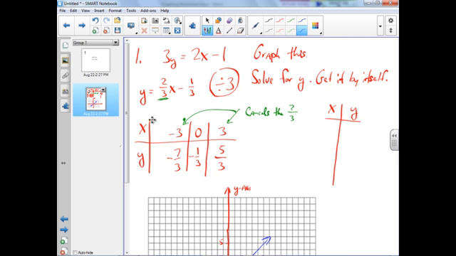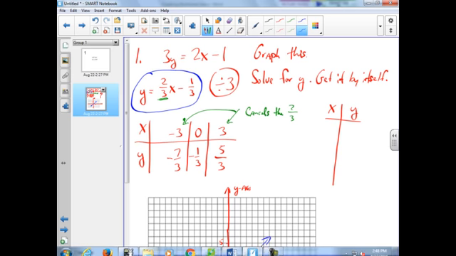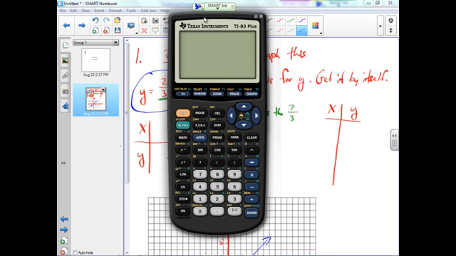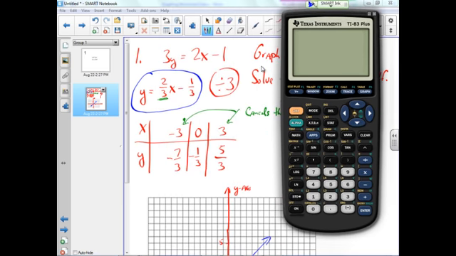Here's the way we could do this on the calculator. We still have to do this. We still have to get it in that form, which is actually the slope-intercept form. But on our calculators, we can do this. Notice right here it says y equals.